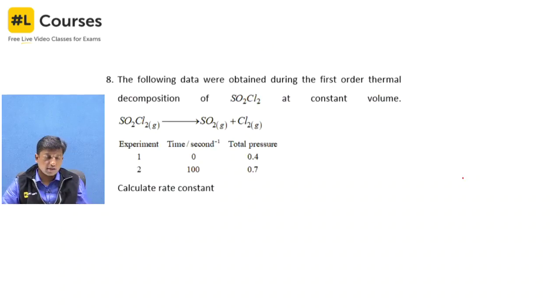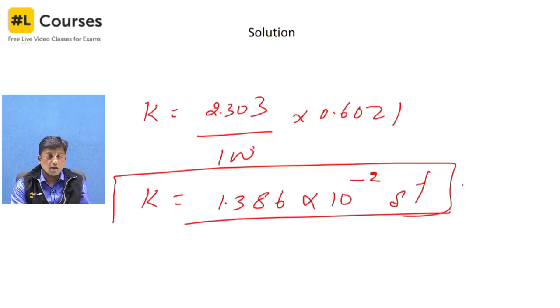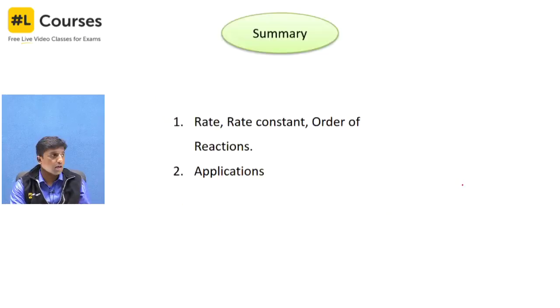Students, with this I conclude today's class by saying that work out more problems to understand the concept better. I have given 10 CPP questions. You need to answer those CPP questions, and the summary for today's class is rate, rate constant, order, reactions and its applications.